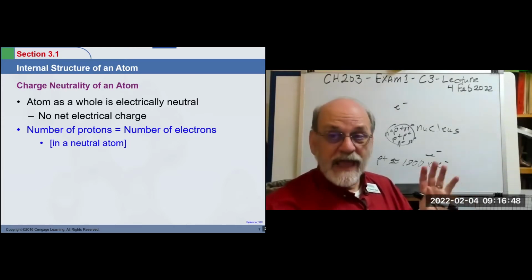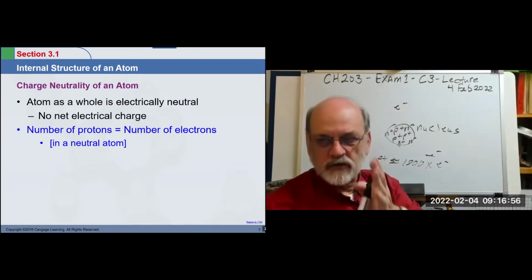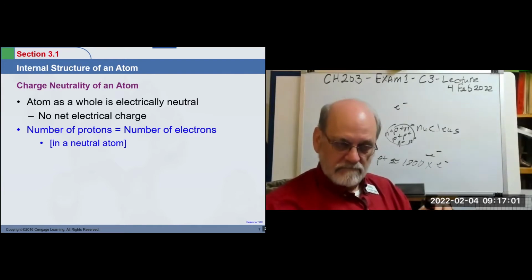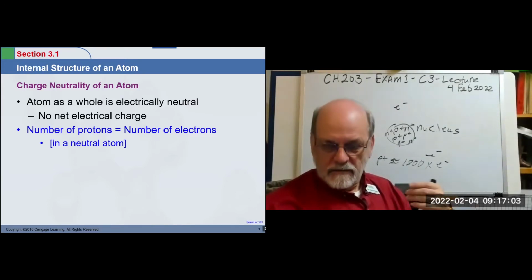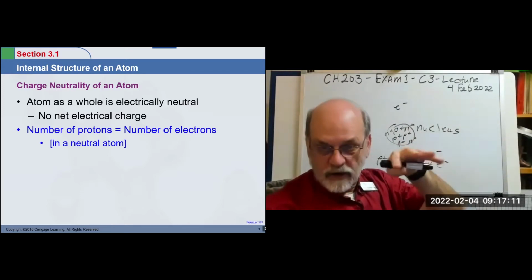Now, that doesn't mean we can't form charged atoms, which we call ions, but this is our starting place, the neutral atom. And then we produce charged particles or ions by the change in ratio between the protons and electrons.